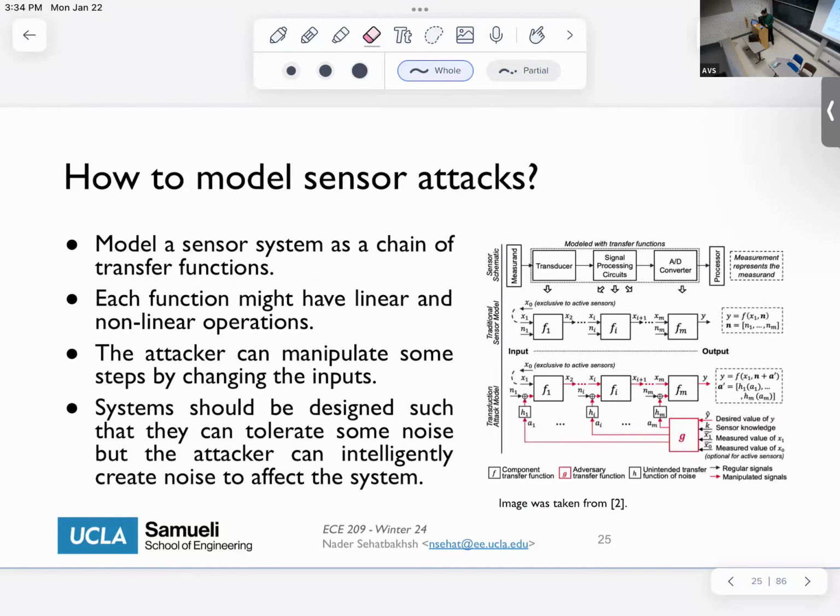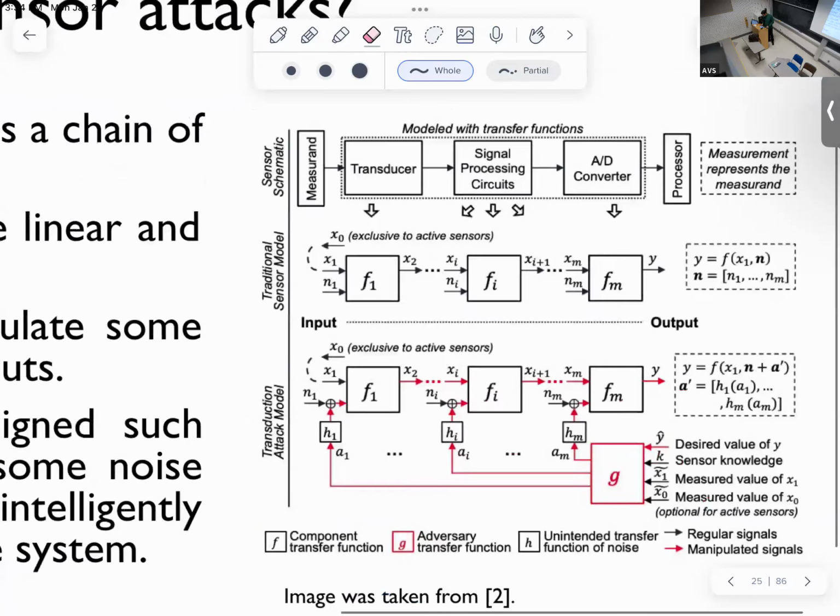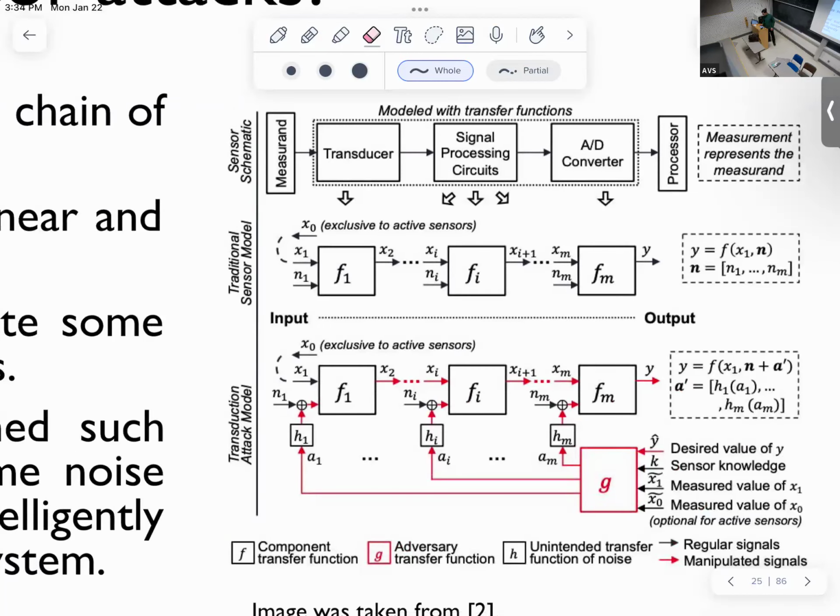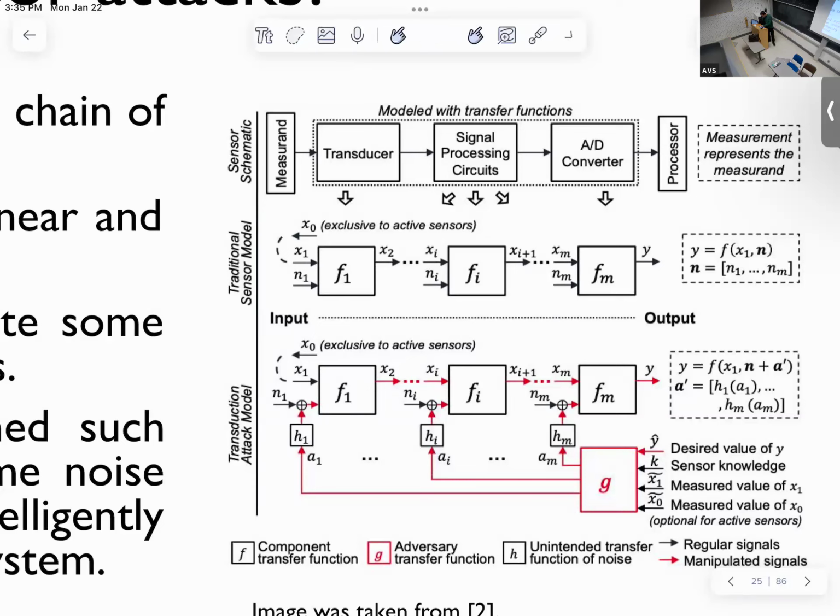There's also a very nice paper that I recommend you take a look at. What they did was try to systemize and create a formal model of transduction attacks. Essentially, you can show the transduction attack as a series of different functions, and there is a transfer function for each.